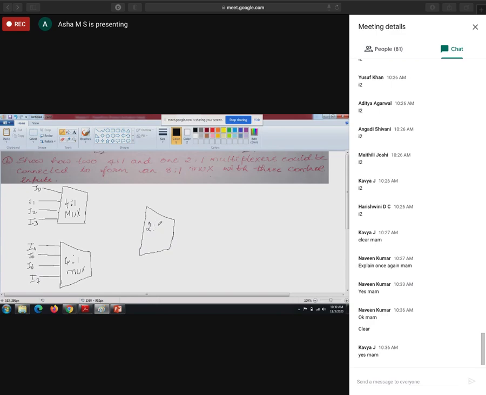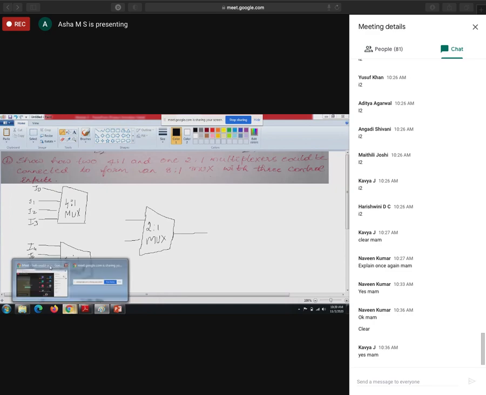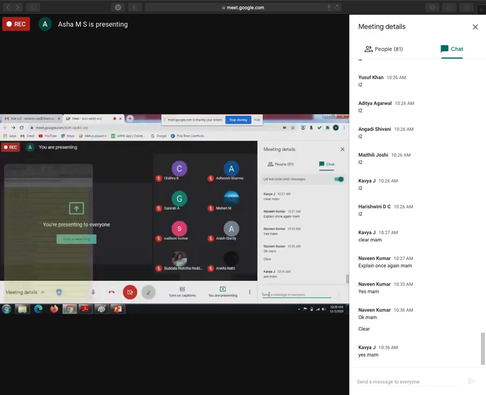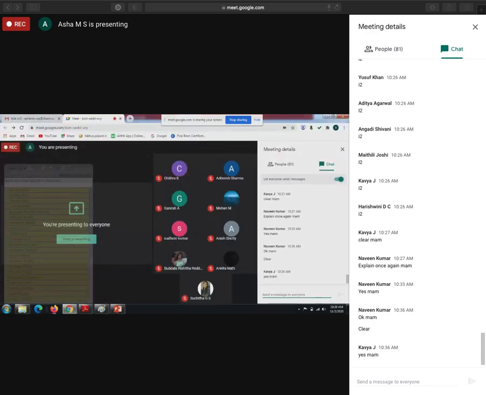2 to 1 mux. For this, I will be having two inputs and one output. Totally, how many selection lines do we have? They mentioned in the question how many control lines?